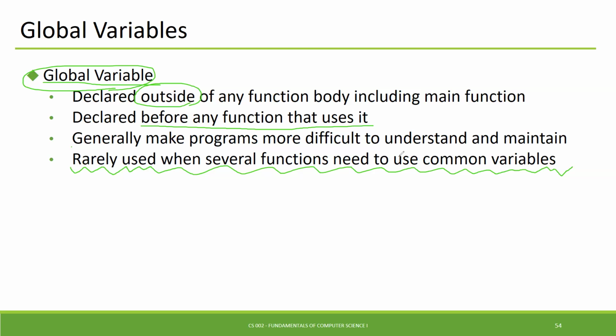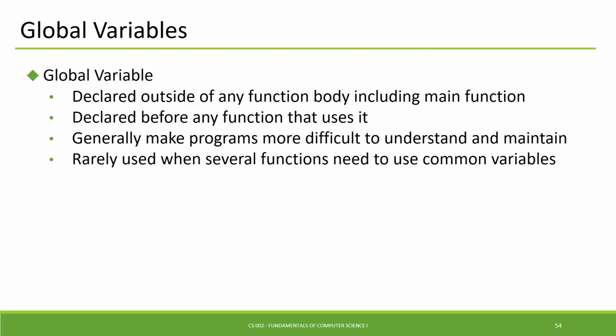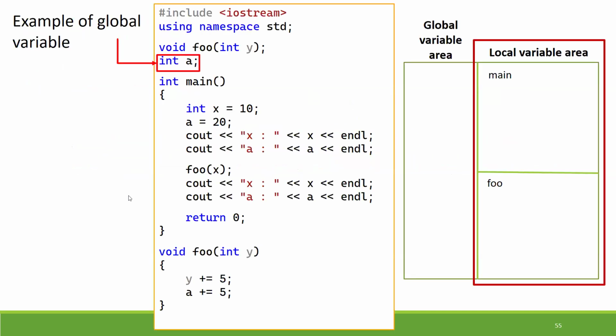Yes, you're correct. So look at this one. This is an example. Guys, look at this one. Here I have void foo, and look at that. This is a global variable. A is not in the main. A is not in the foo, right? A is a standalone statement.